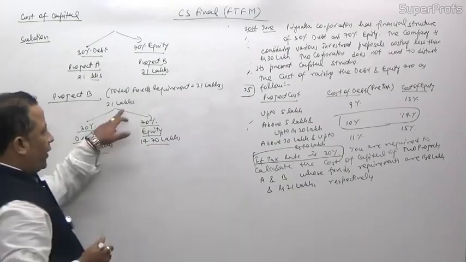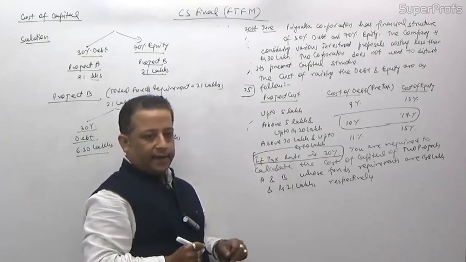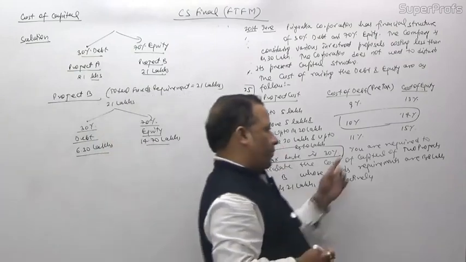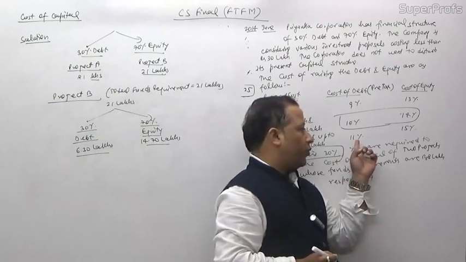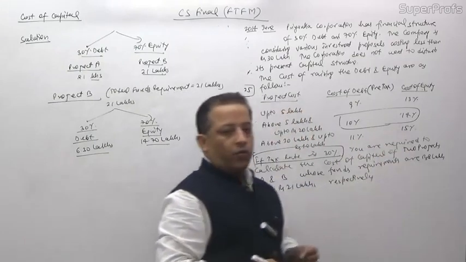If the fund requirement is more than 20 lakh and less than 40 lakh, then the pre-tax cost of debt would be 11% and the cost of equity would be 15%.